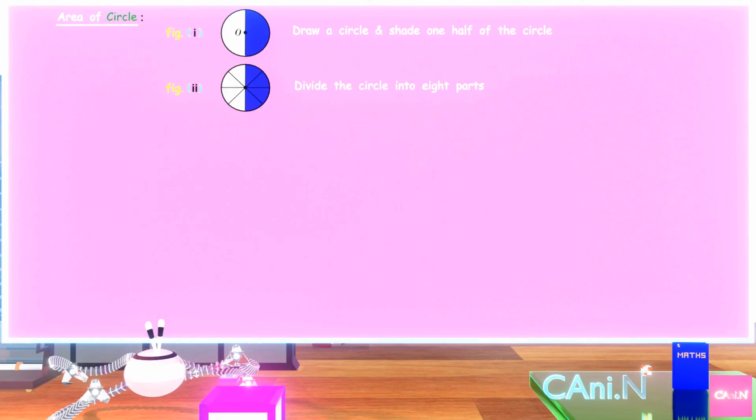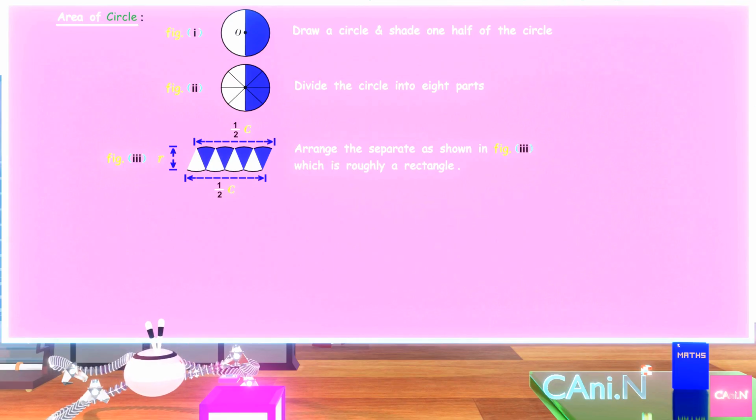Area of circle. Draw a circle and shade 1/2 of the circle. Divide the circle into 8 parts. Arrange the separate parts as shown in figure, which is roughly a rectangle, as we can see from the figure. The white portion of the circle is half of the circumference, and blue portion of the circle is the other half of the circumference.